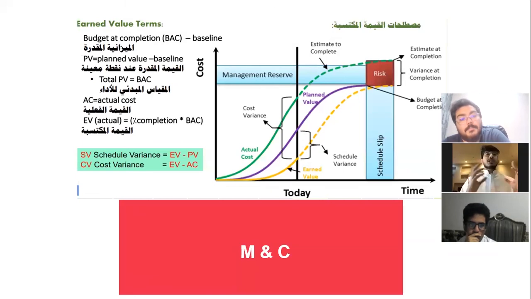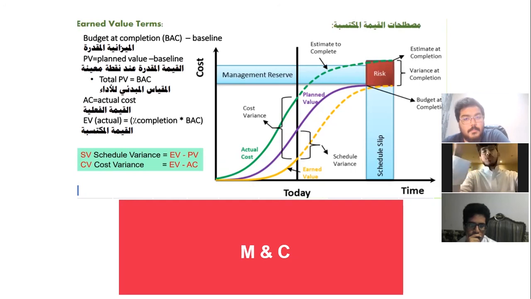Here is the mathematical part, what we do in our project, to see the flow chart and what will be happening. The budget baseline is BAC, and PV is the planned value baseline, and the total PV equals BAC.